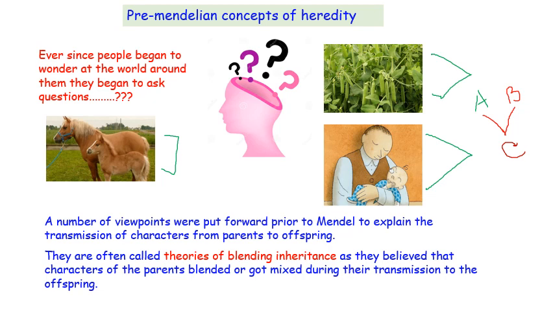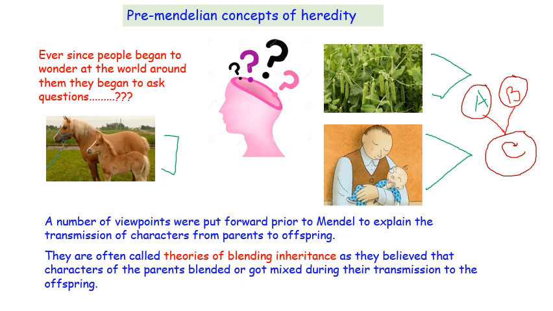So what's blending of inheritance is that the characters of A and B will mix, they will blend to produce an offspring which will have the blended characters, the mixed characters of A and B.